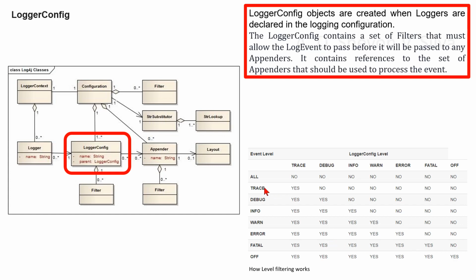The off and all levels are not intended to be used on calls to the logging API. Specifying off in the configuration implies no logging event should match, while specifying all would mean all events match, including custom events.